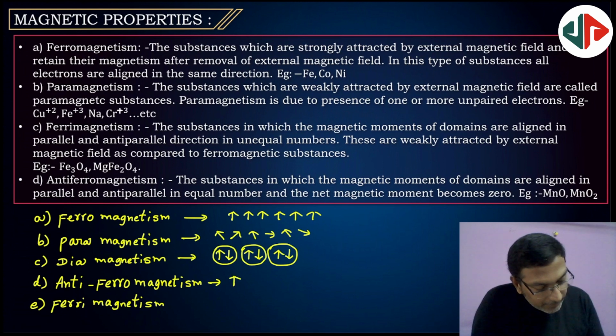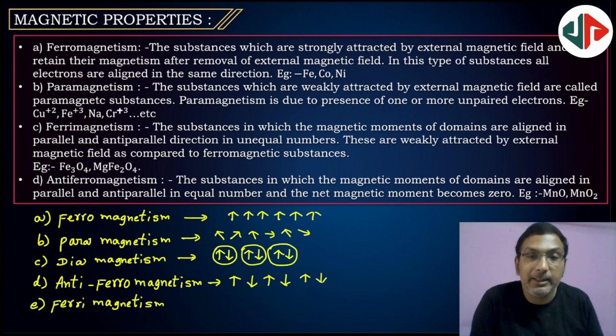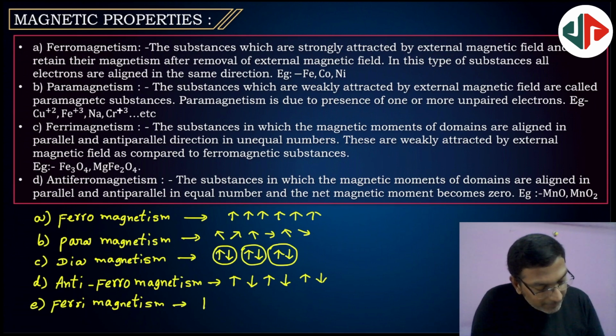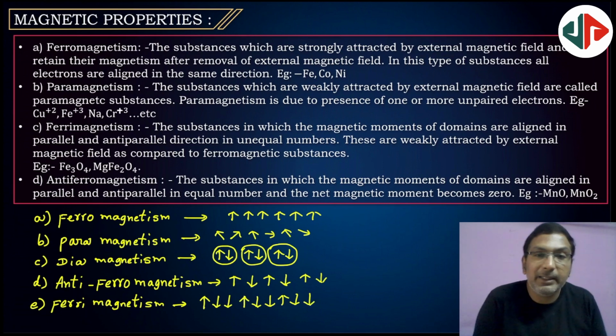Antiferromagnetism, equal number of upward and downward arrows. That means electrons arrangement, one upward, one downward, like that. Ferrimagnetism, unequal number of upward and downward. This is electronic arrangement in case of different magnetic materials.